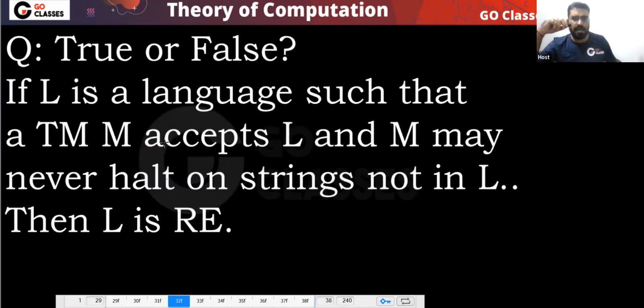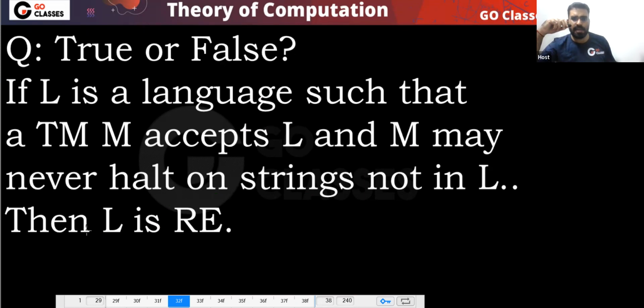Okay, now tell me about this one. Read the question carefully. This is a true or false question. If L is a language such that there exists a Turing machine M which is accepting L, and M may never halt on some strings which are not in L, then can I say L is RE?